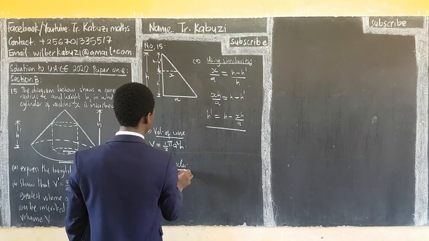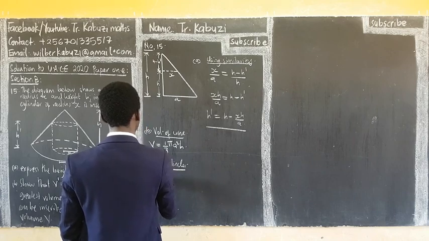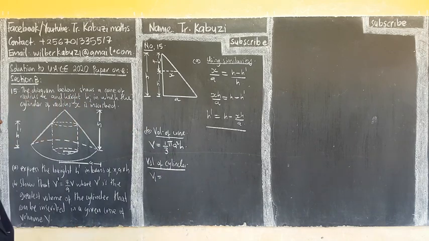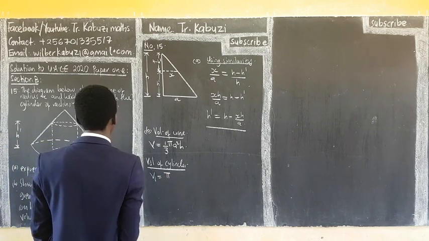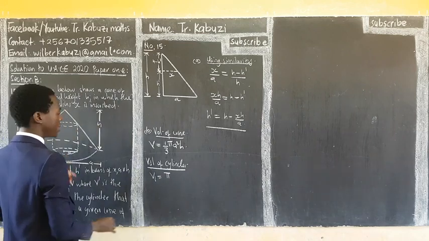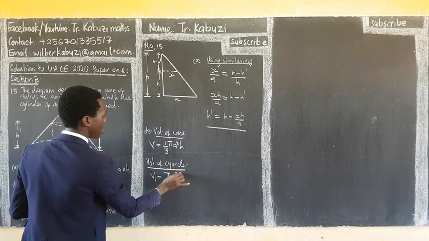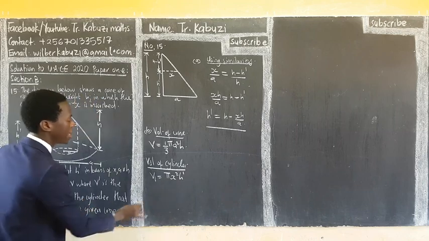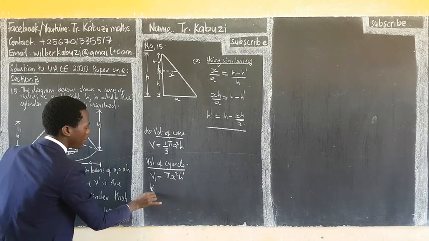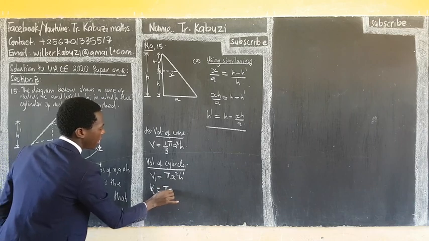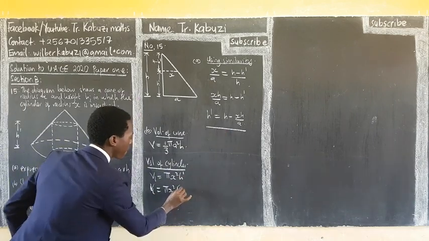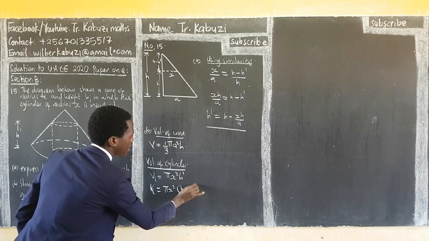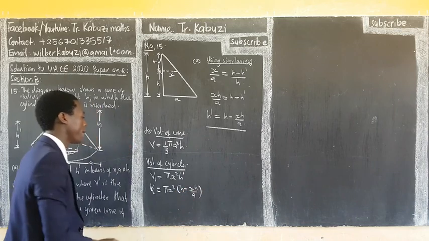Let me call the volume of the cylinder VL, given by pi r squared h. The radius is x, so x squared, into the height h prime. So my volume of the cylinder is going to be pi x squared, times h minus xh, the whole over a.